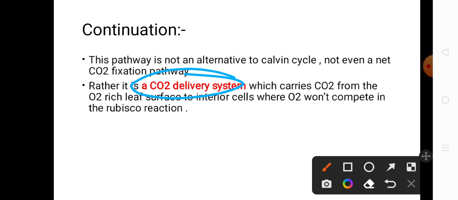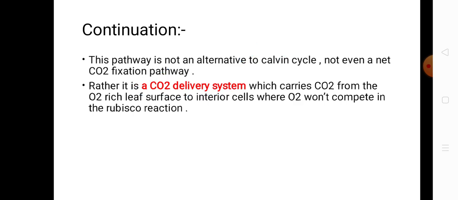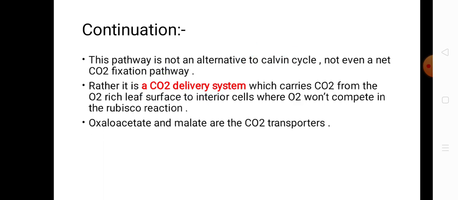Again, it is just a CO2 delivery system to directly transfer CO2 into the inner part of the plant where O2 cannot fight with it, so that RuBP carboxylase can easily use it for carbohydrate production.